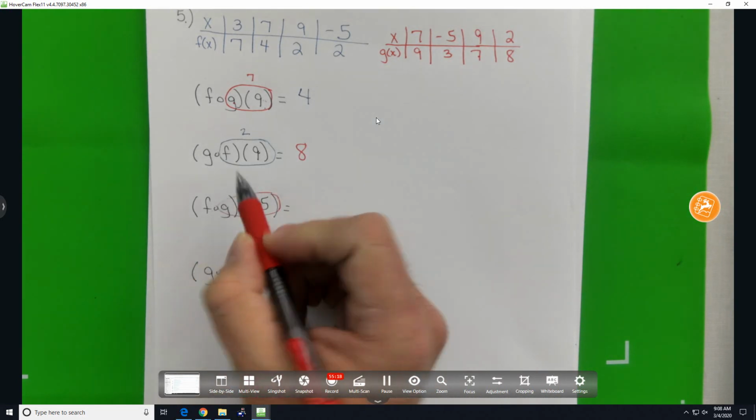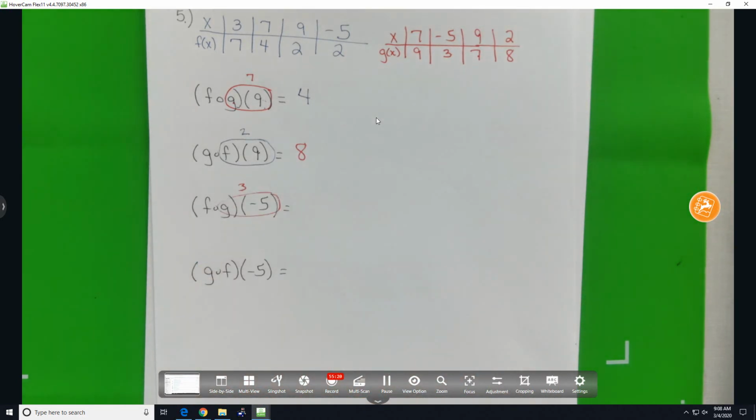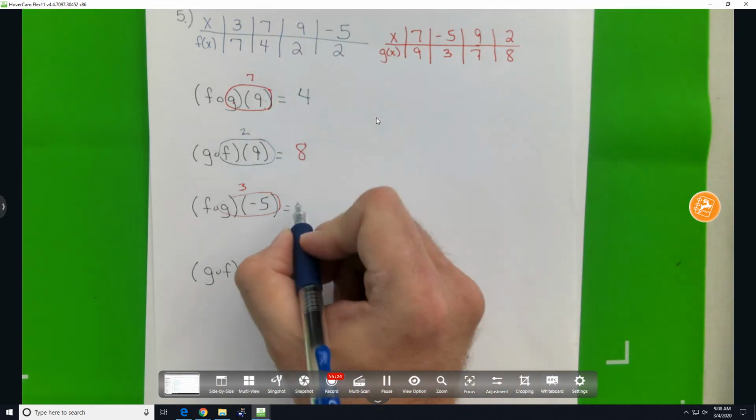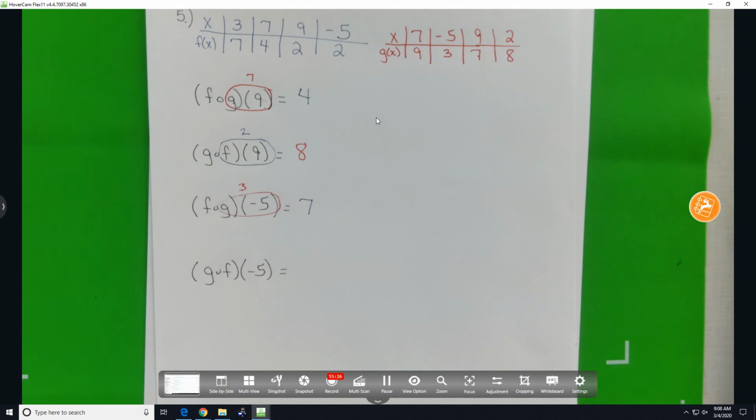And F of 3 is it 7? Yes. Okay. 7. And what about that last one? Oh. Is the last one going to be 7 also? Oh, well, that's G of F of negative 5.